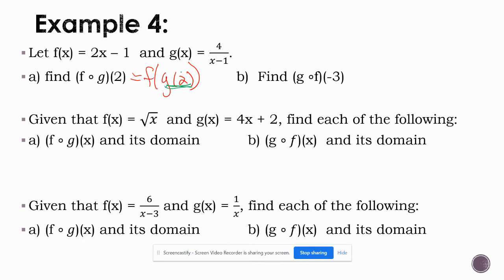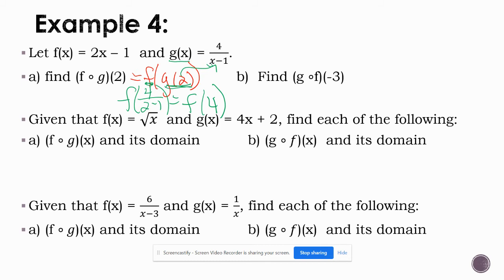So look at your g function and plug 2 in for x. So 4 over 2 minus 1. Remember, f is still there. We haven't done anything with the f function yet. 2 minus 1 is 1, so 4 divided by 1 is 4.